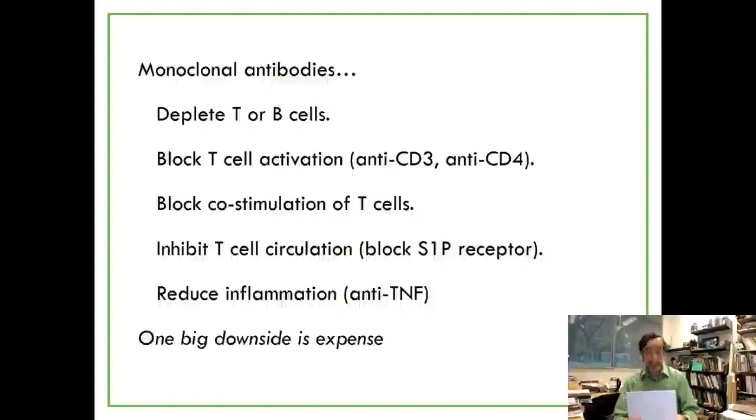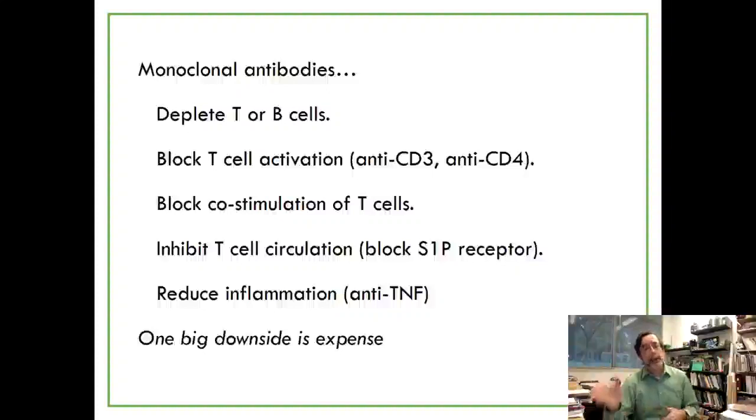In fact, our test question had an answer for which you decoded the name and you found out that it was an immunomodulating antibody because it had an L in the middle, and that goes with immunomodulating. That kind of antibody can be the kind of thing that you can give. It means it binds something in the immune system and modulates it, and that could be one of the examples of what it can do.